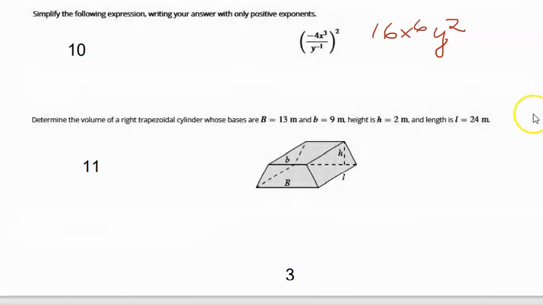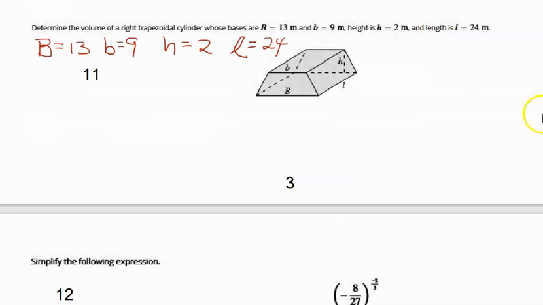All right, let's pause, raise it up. Now, for example 11, I'm a tad surprised they're not giving us the formula for this. We have to make our own formula. So here we have a trapezoid for an edge.